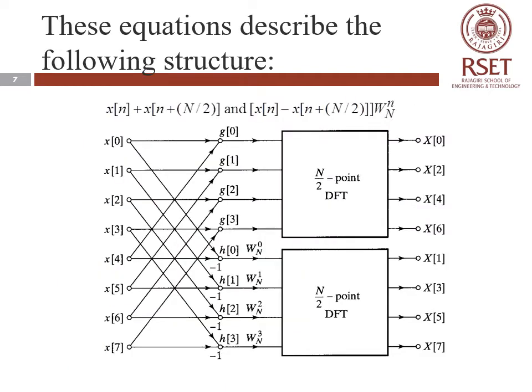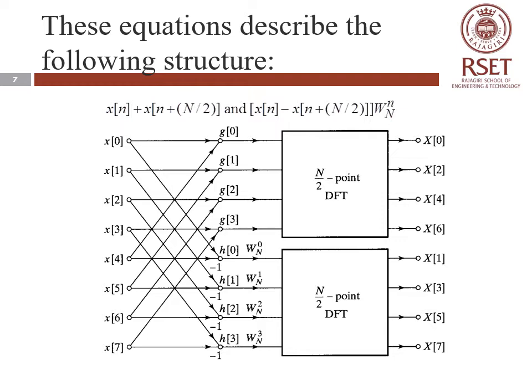From the previous slide we saw that for k even and for k odd, the DFT is the N by 2 point DFT of x of n plus x of n plus N by 2 and x of n minus x of n plus N by 2 into W_N raised to n, respectively. Accordingly we get this structure as shown.